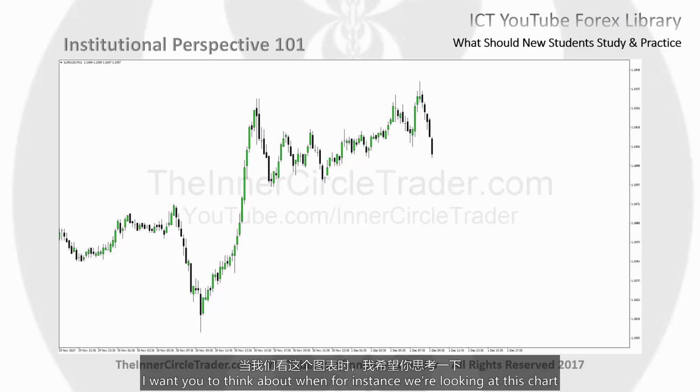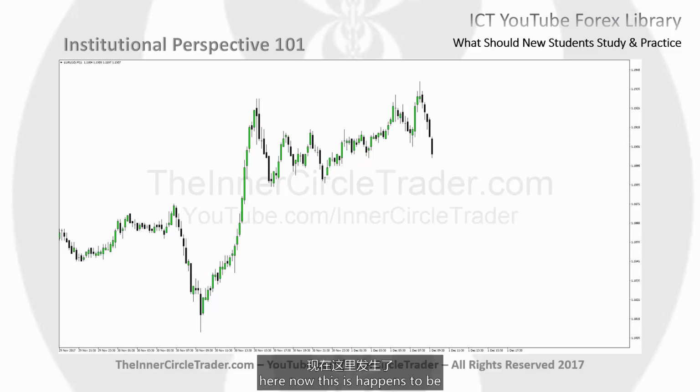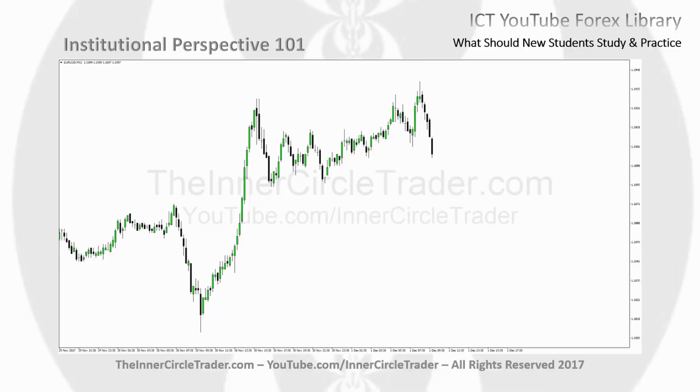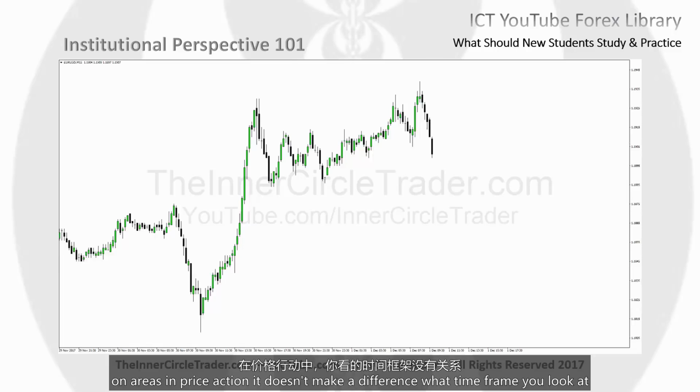But I want you to think about when, for instance, we're looking at this chart here. This happens to be the day of this recording's Euro Dollar, on a 15-minute time frame. Maybe some things jump off, maybe other things aren't so apparent or obvious to you, but I want to change your perspective on price action and focus in on areas in price action.